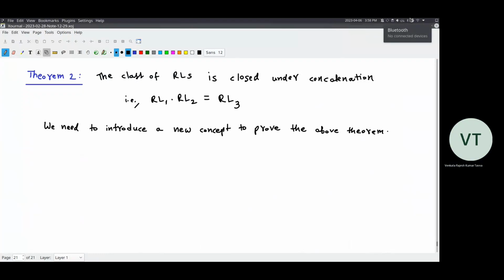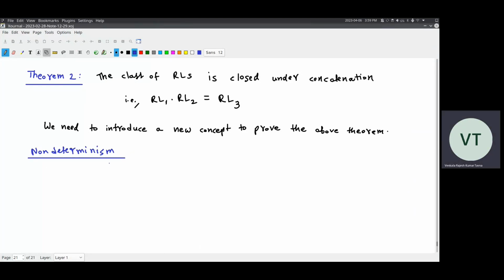Okay. So let's just take an example of a non-deterministic machine.